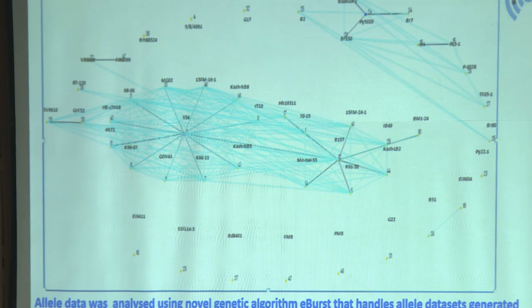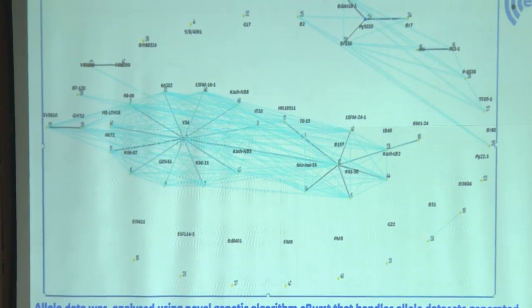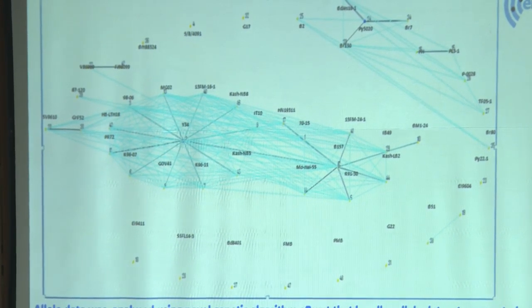The one in the middle is sharing the maximum number of alleles with the rest. The one sharing the maximum number of alleles is what we consider the founder of that particular population. You got it? You are tracing the origin of the isolate, the isolate which gave birth to other isolates, and they had an independent evolution later on.